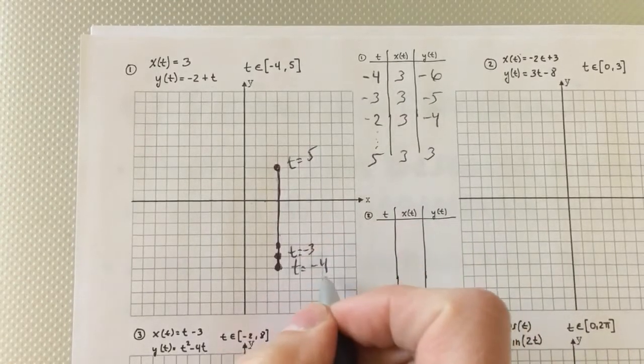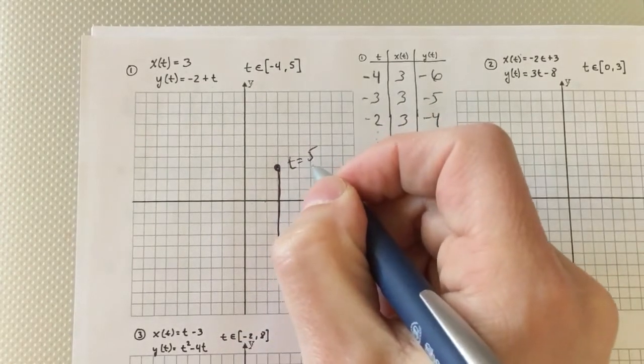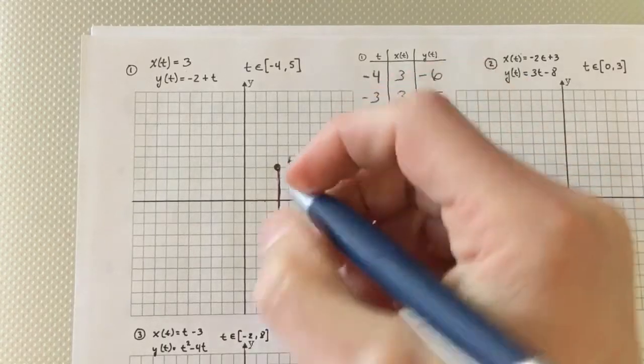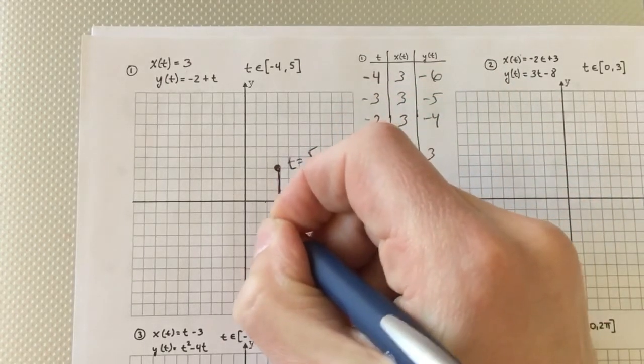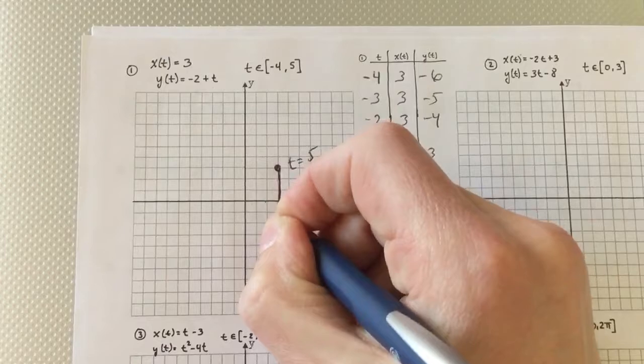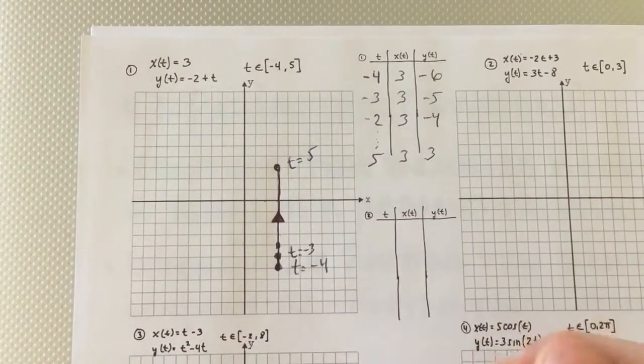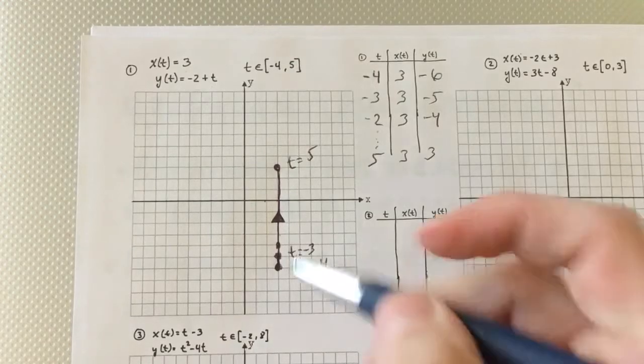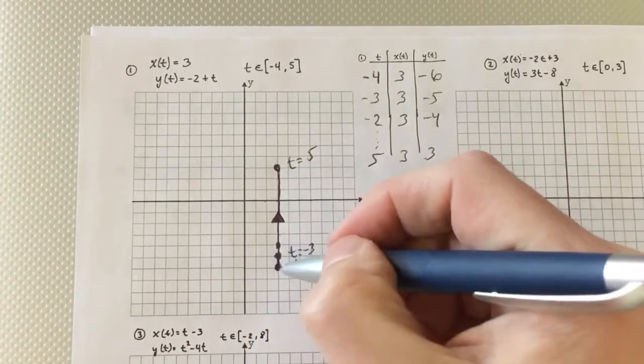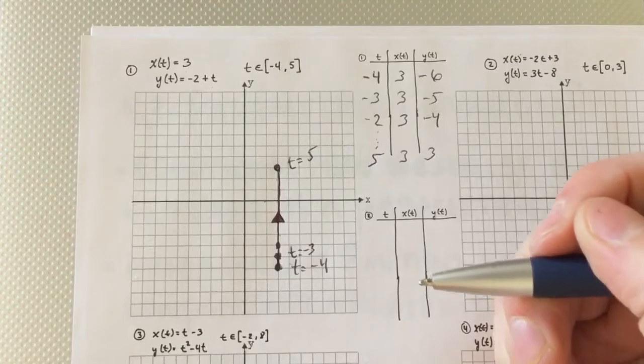We have a start, t equals -4. We have an end, t equals 5. We have moved up. Just like with vectors, we have a direction. I'm going to put an arrow on my graph to indicate the direction. I don't need to label every single point because we're going to have 9 points going along.